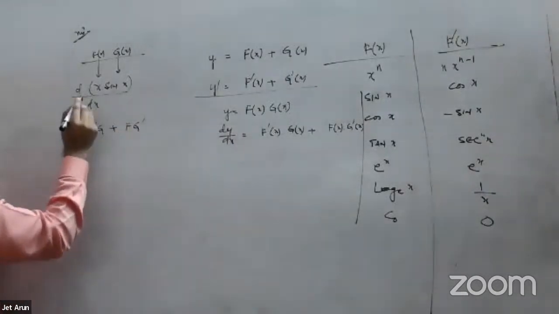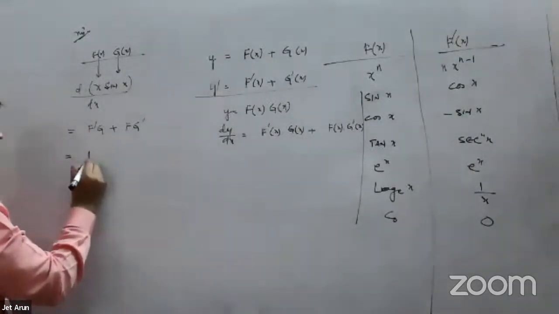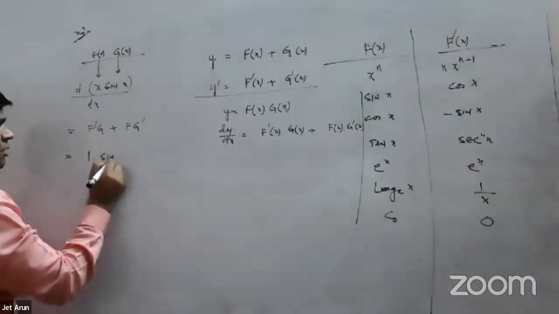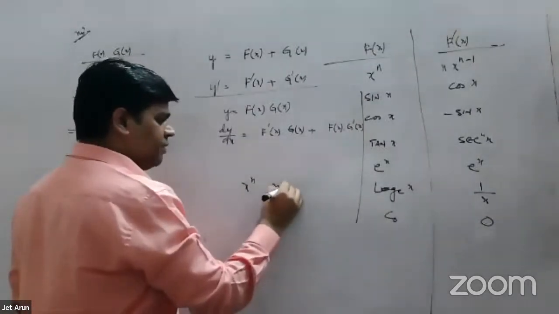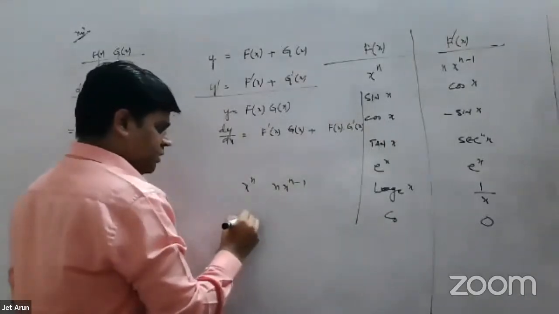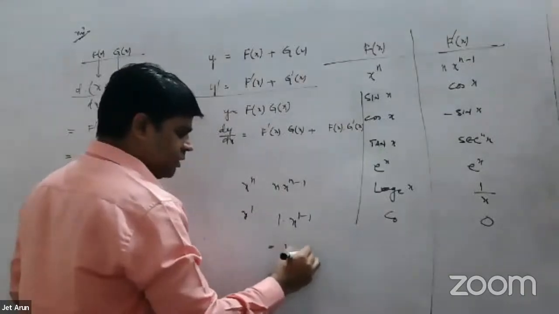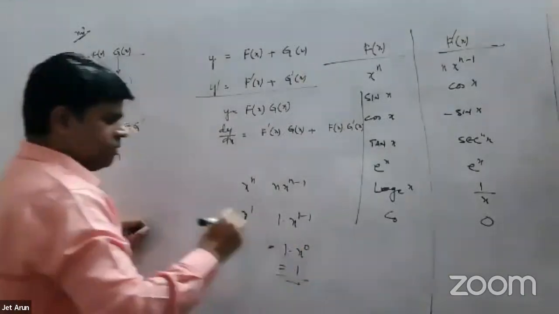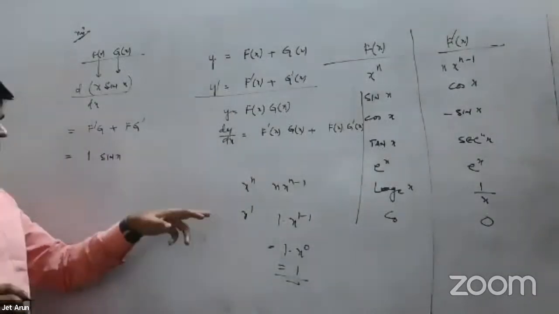So what is f dash? Derivative of x is 1 times g. Why is it 1? x power n gives n x power n minus 1. So x power 1 would be 1 into x power 1 minus 1, which is 1 into x power 0, which is 1. So that's why derivative of x is 1.